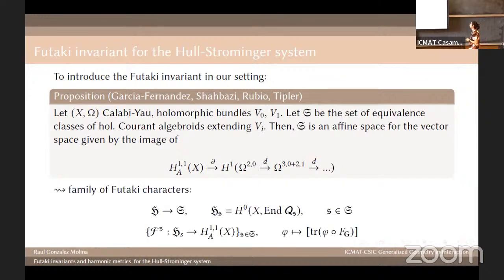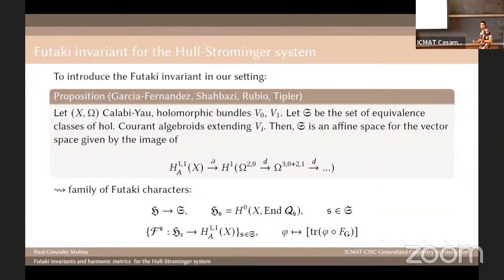Then we do the following. We are not going to consider a single Futaki invariant. What is this? It's a cohomology. By duality with Bott-Chern cohomology, we have another cohomology, which I denote by H11. So over this classifying space of holomorphic current algebroids, we have a family which on each fiber is just the family of holomorphic endomorphisms of the holomorphic current algebroid.